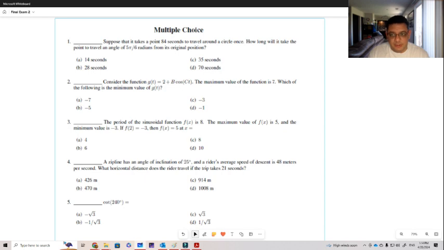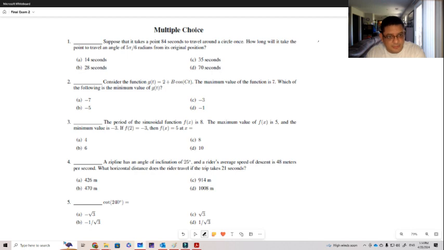So the first question says, suppose that it takes a point 84 seconds to travel around a circle. How long will it take for the point to travel from its original position through an angle of 5 pi over 6 radians? The first thing is to check how much of a circle pi over 6 is.